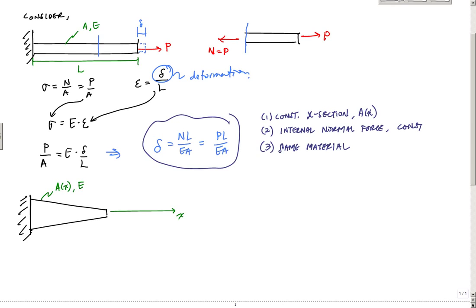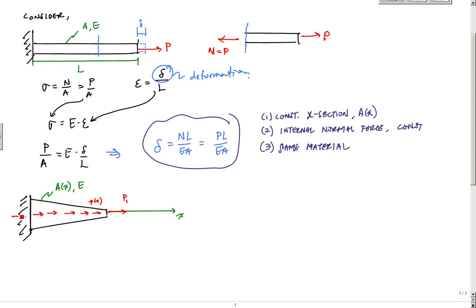And let's even put in a distributed or uniform axial force, as well as a concentrated force at the end here. I'll call that P1. So this is like some distributed P of X, some distributed external axial load, right?